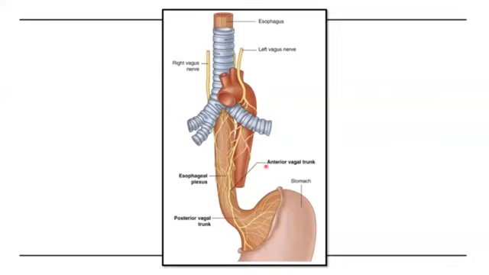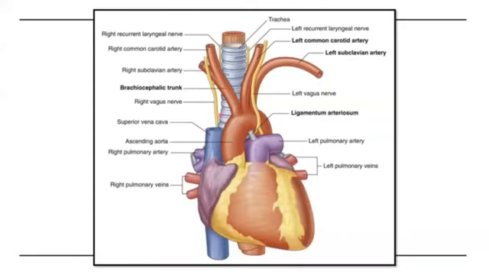And then continuing on, if I go to this, now you can see right alongside here, I know I'm focusing on this a lot, but it's important because left vagus nerve coming down, left recurrent laryngeal nerve coming just posteriorly placed there to the ligamentum arteriosum, and of course wrapping underneath that aortic arch.